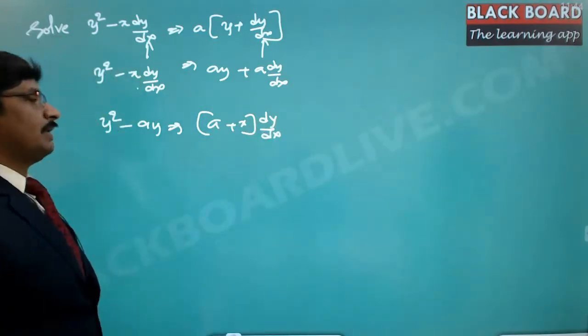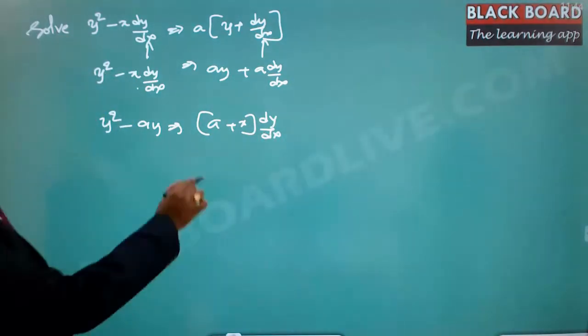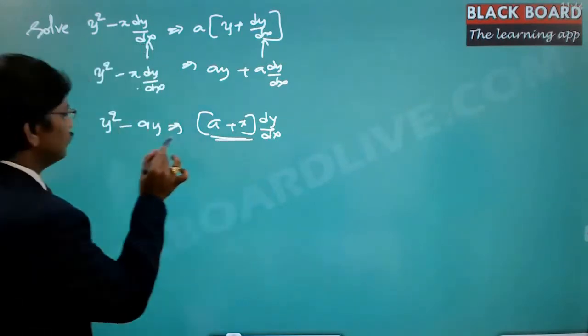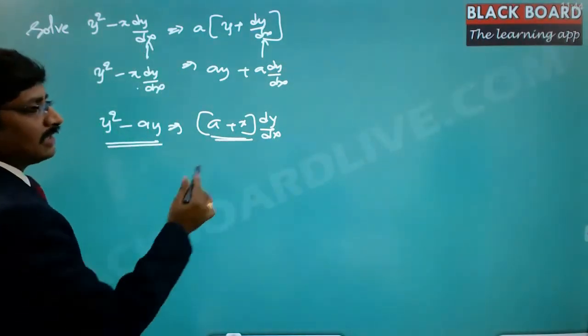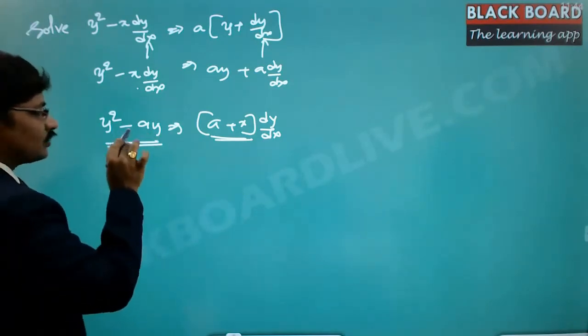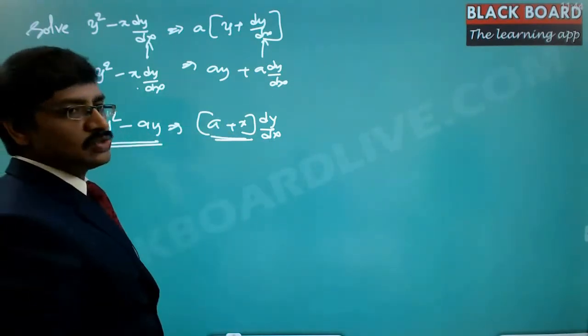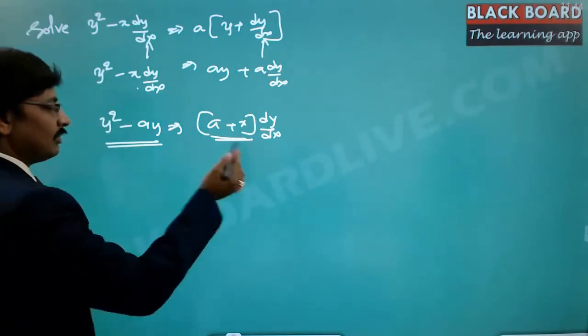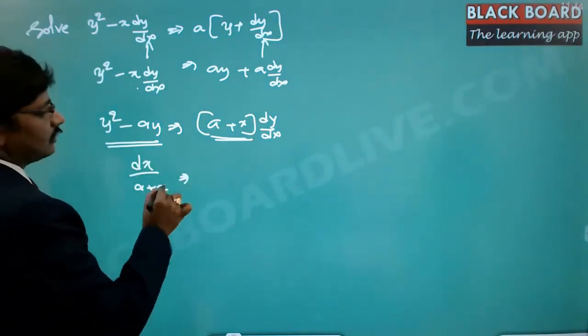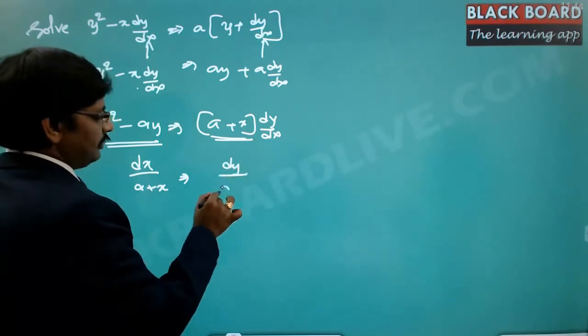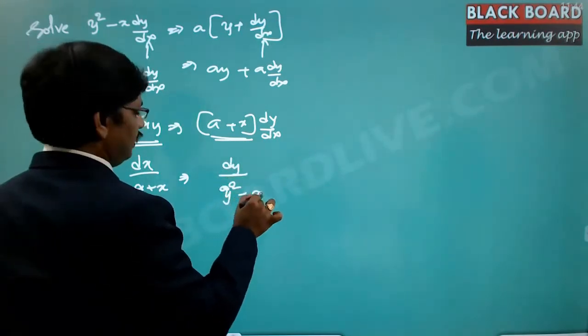See, I have separated now. This is simply a function of x, and this is simply a function of y alone. Now I will keep this on this side, and y square minus ay I will bring to the other side, so that I can make the variables separable. That is dx by a plus x is equal to dy by y square minus ay.